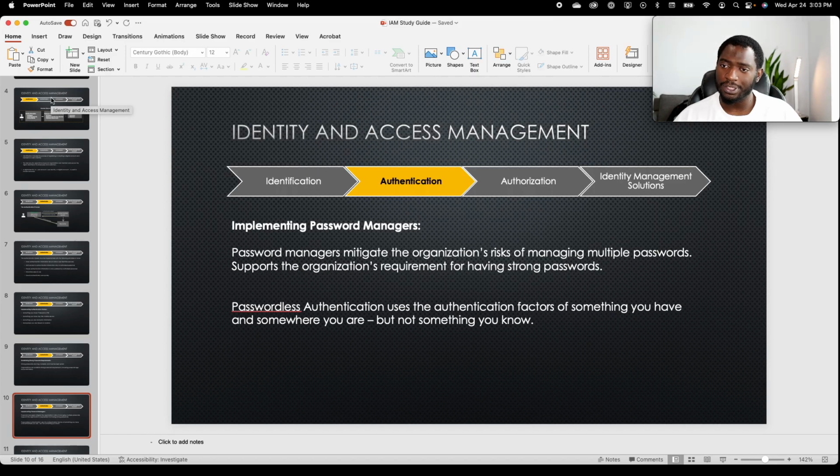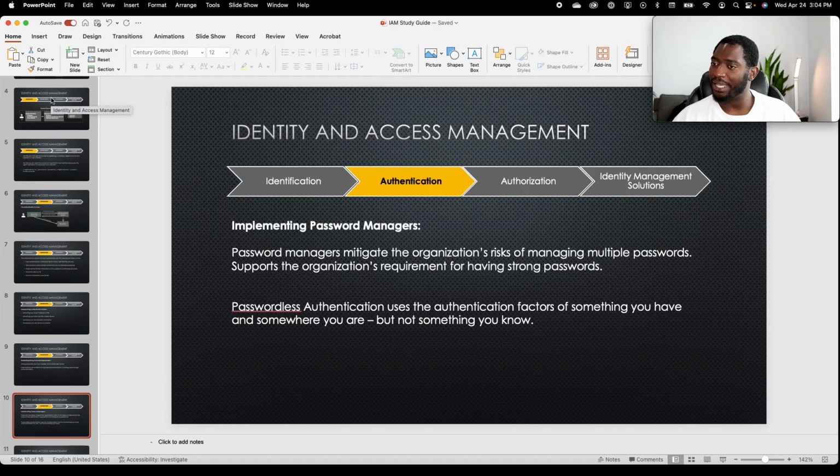And we also want to touch on passwordless authentication very quickly. Passwordless authentication uses the authentication factors of something you have and somewhere you are. I'll say that one more time. Passwordless authentication uses the authentication factors of something you have and somewhere you are.